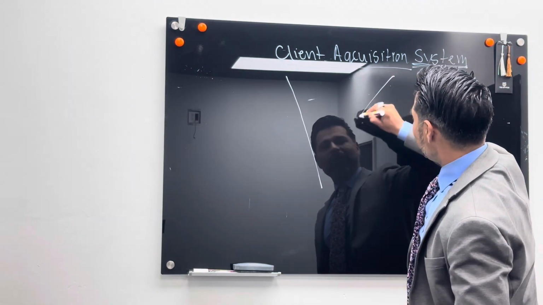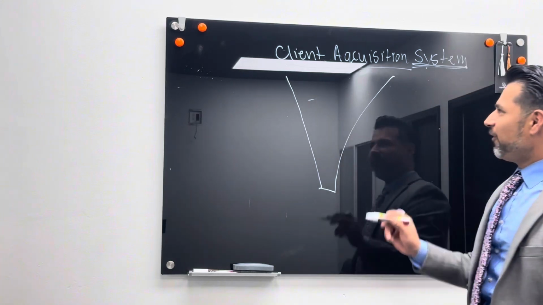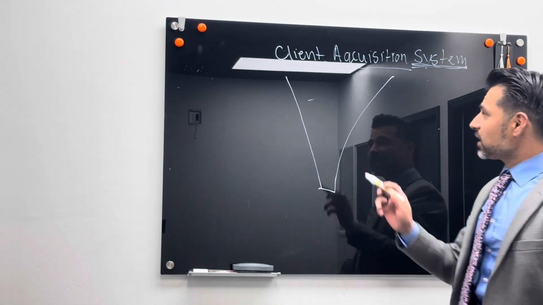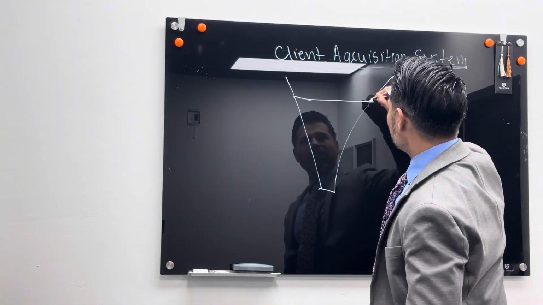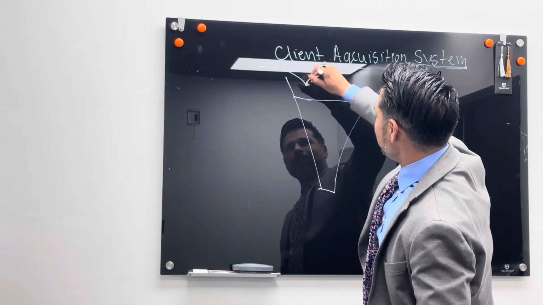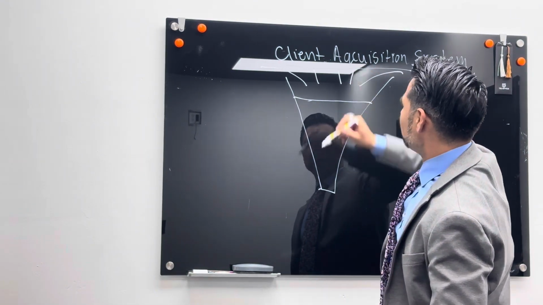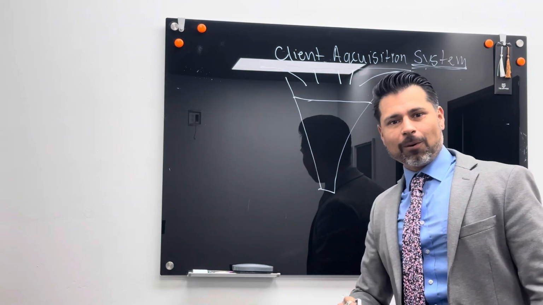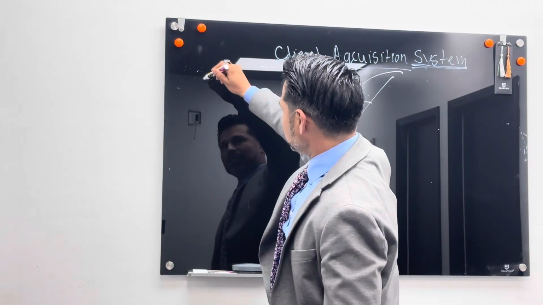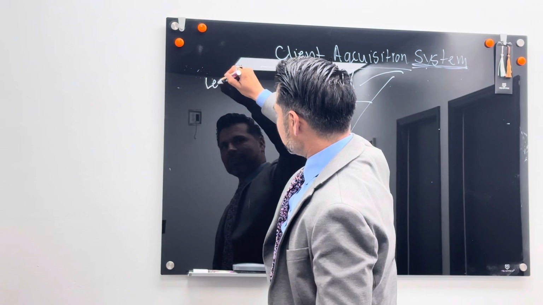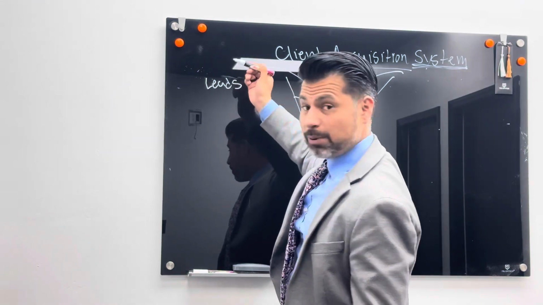A full funnel. The funnel, right? And so as a funnel, what we're trying to do is get people to go into our funnel. And who are these people? These people are leads. They're potential leads.